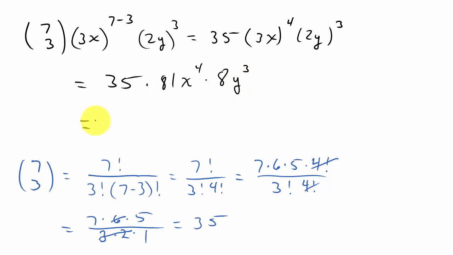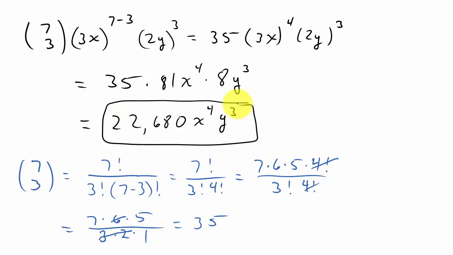Now this is going to be a big number, so I'm going to bring out my calculator for this one. 35 times 81 times 8 is 22,680 x to the 4th y cubed. And that would be your answer.